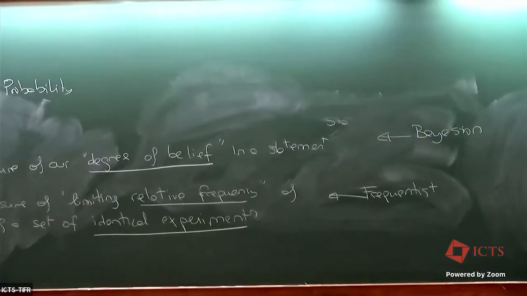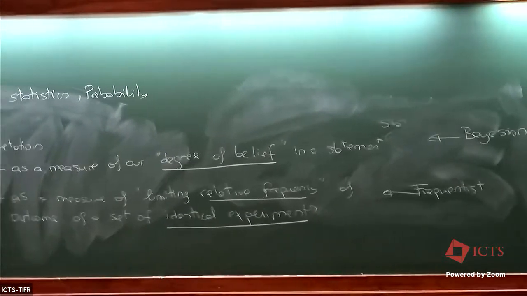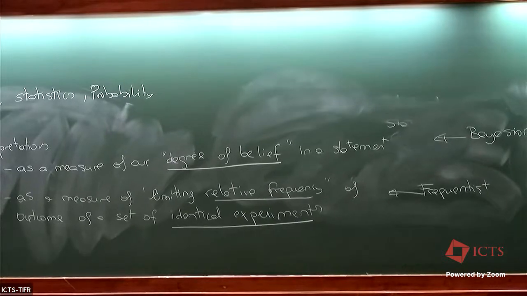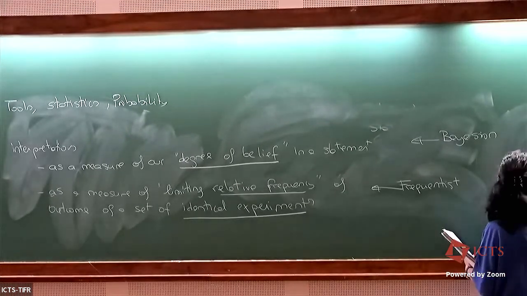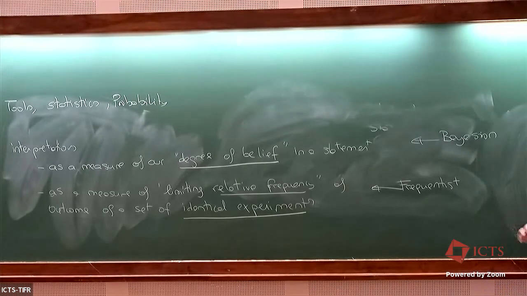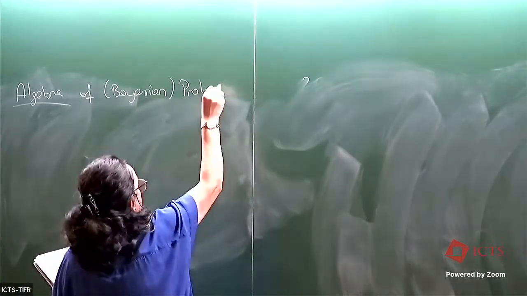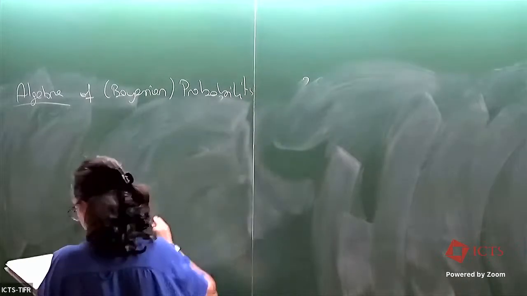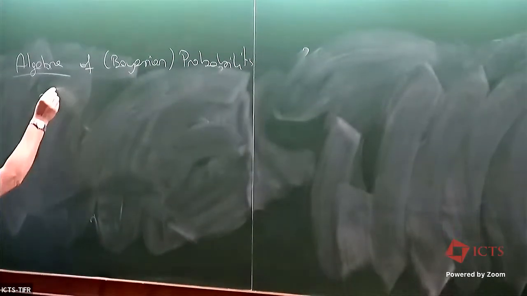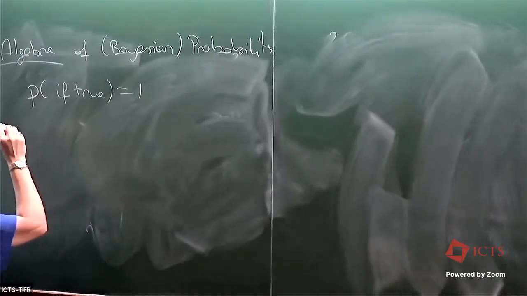Luckily, whatever probability framework you prefer to work in, the algebra of probability is always the same. So at least for the algebra, I can just work with the algebra of Bayesian probability. You all agree that if something is true, we say its probability is 1.